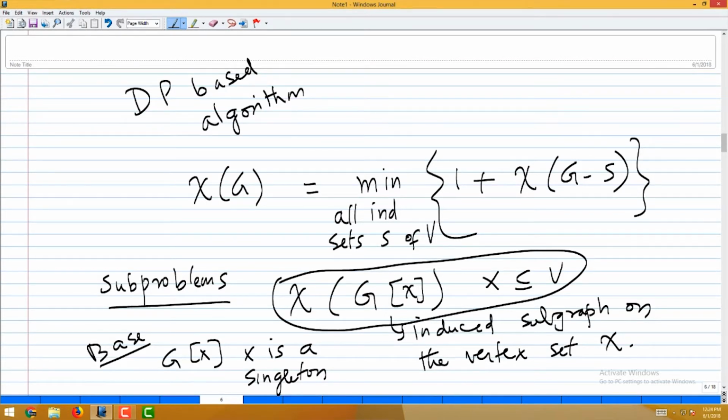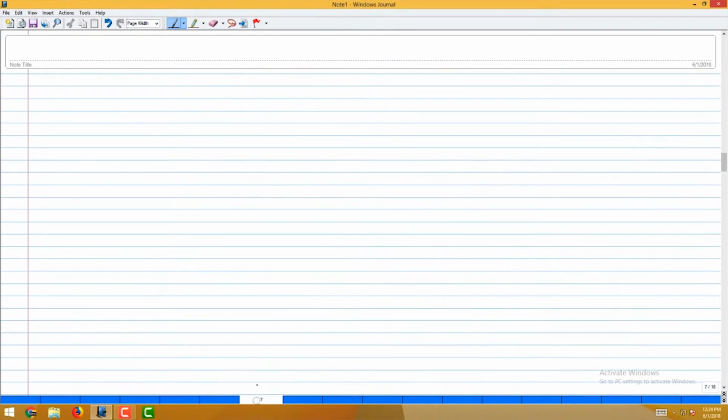For every subset of vertices, I look at the induced subgraph and compute the optimum coloring. So, it is 2 power n possible subproblems. I am not being very precise here, it may be 2 power n minus 1 because there is no empty subset, but in the order of 2 power n subproblems.